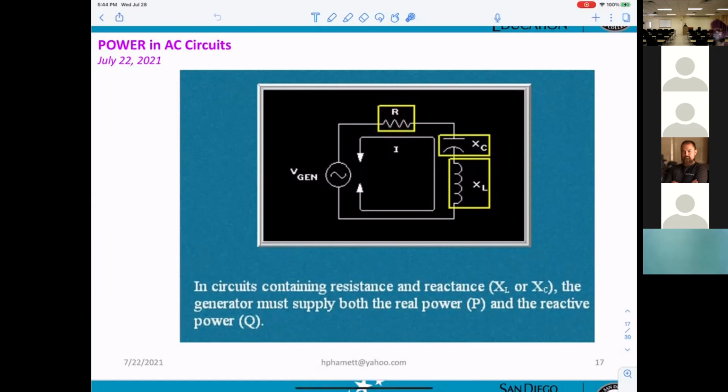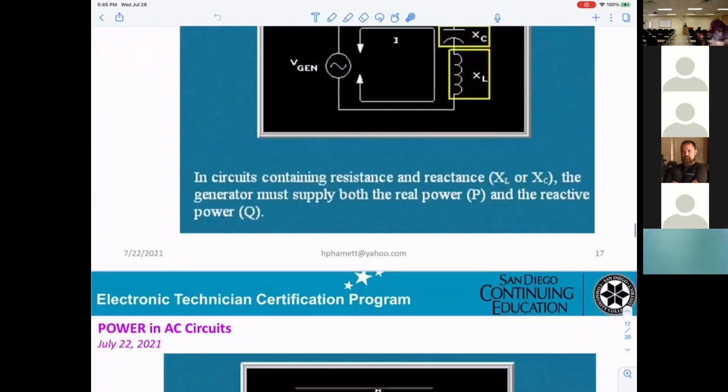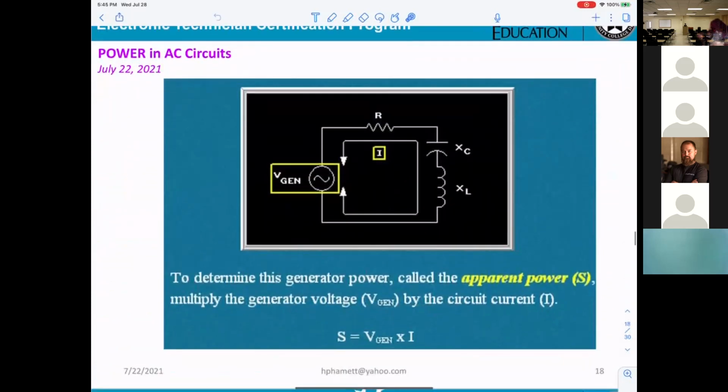So I think that makes it very clear to everyone. For the resistor, you get the real power. For the capacitor and inductor, you get reactive power. To determine this generator power, that's what they call apparent power.